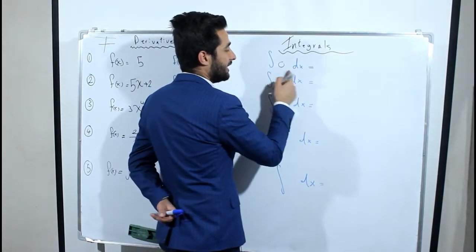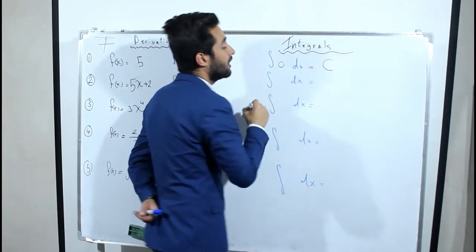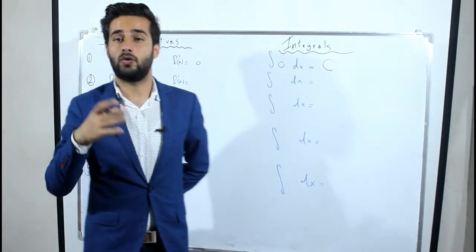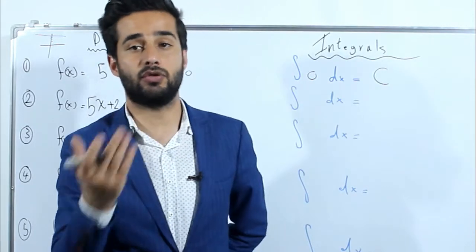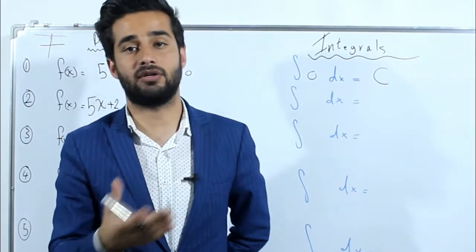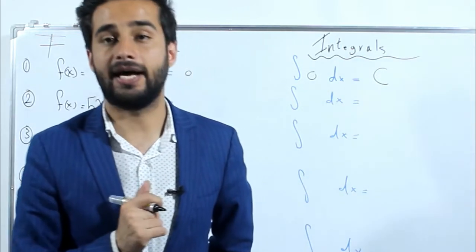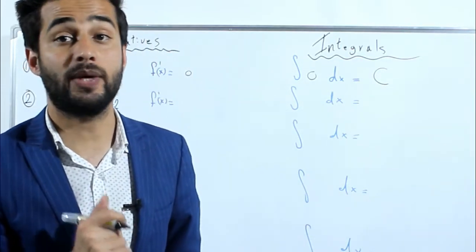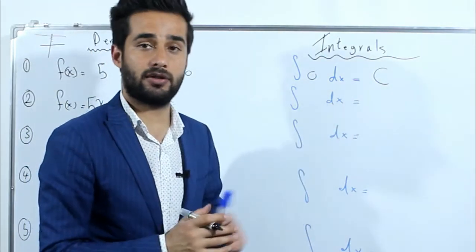So any integral of 0 becomes c always. What is c? C is like 1, 2, 3, 4, 5, minus 1, minus 2, minus 3, 2 over 5, 5 over 2, 7 over 8, any fraction, decimal, or integer. So we can say c is all real numbers.